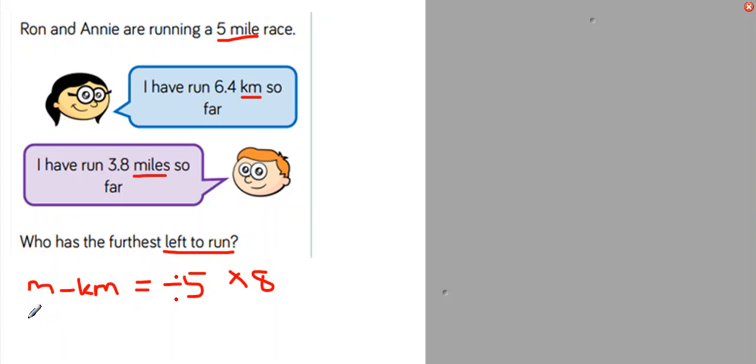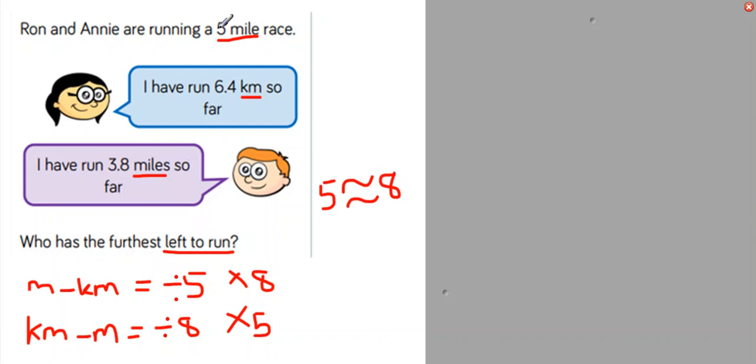If you are doing kilometres to miles, you could divide by 8 and then multiply by 5. Also remember your conversion that 5 miles is approximately 8 kilometres.